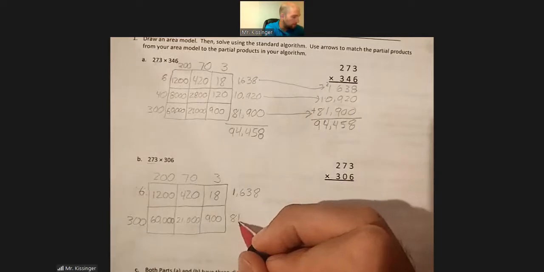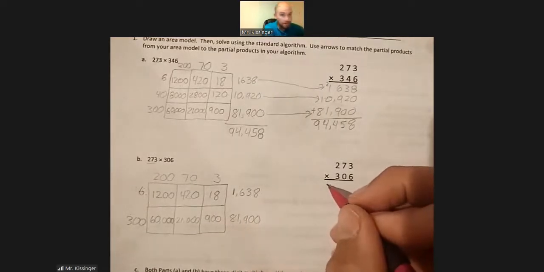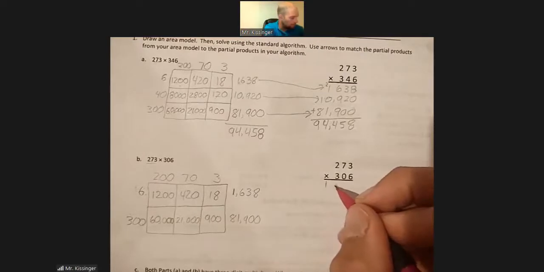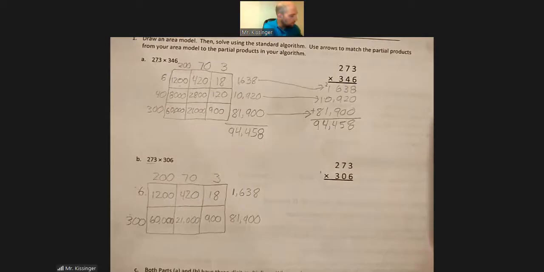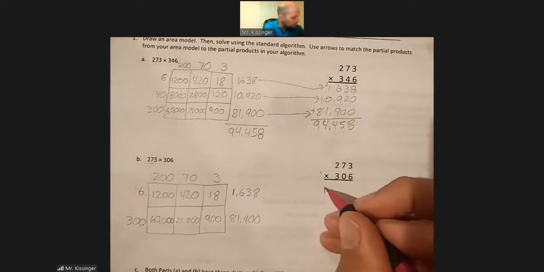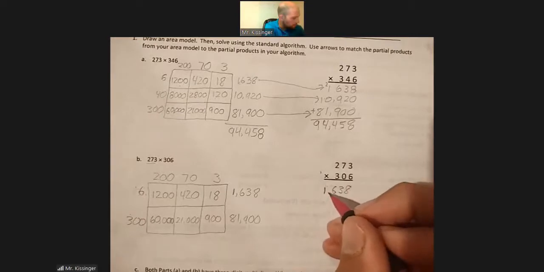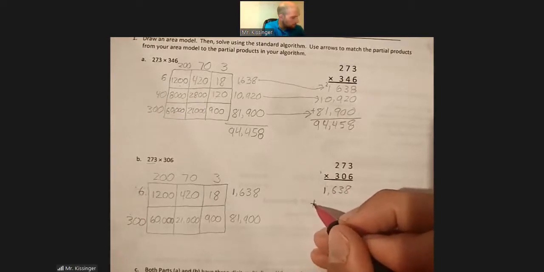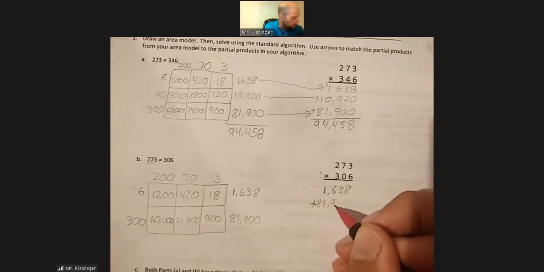It'll be 81,900. So in this case, we're only adding up 2 partial products. Start here with 1,638 plus 81,900.